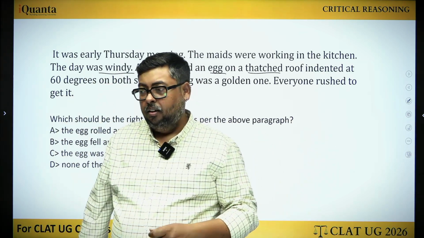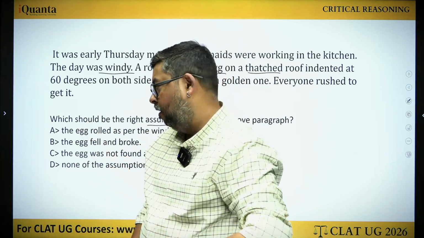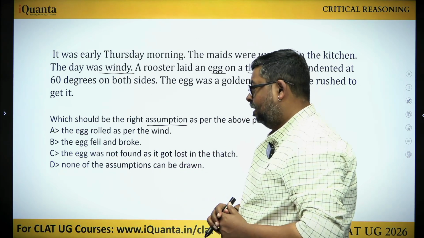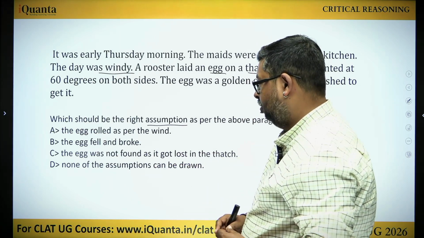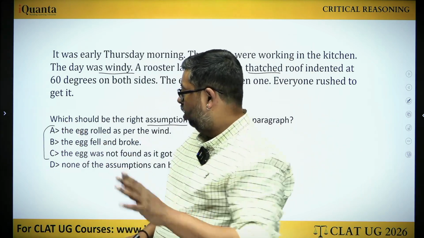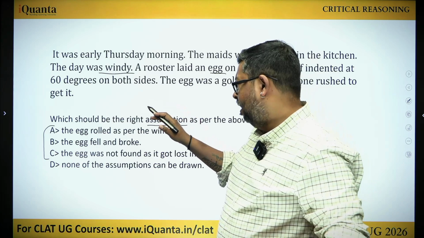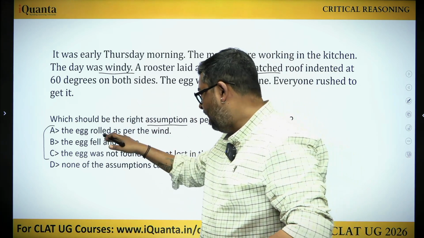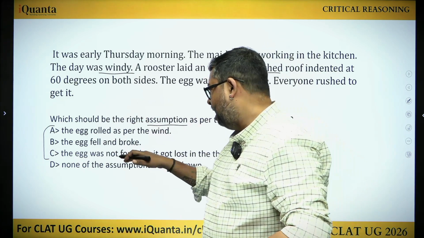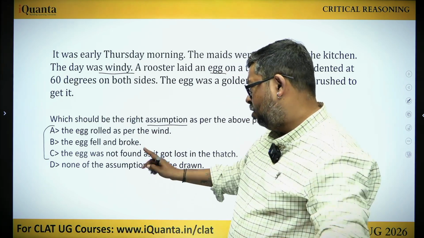It is a small egg after all, not an ostrich egg. Next, D: none of the assumptions can be drawn. So they say whatever you have thought till now is actually wrong. But how is that possible? I could make out that it can roll, it can fall and break, it can get lost. Then I think D should not be the right answer.